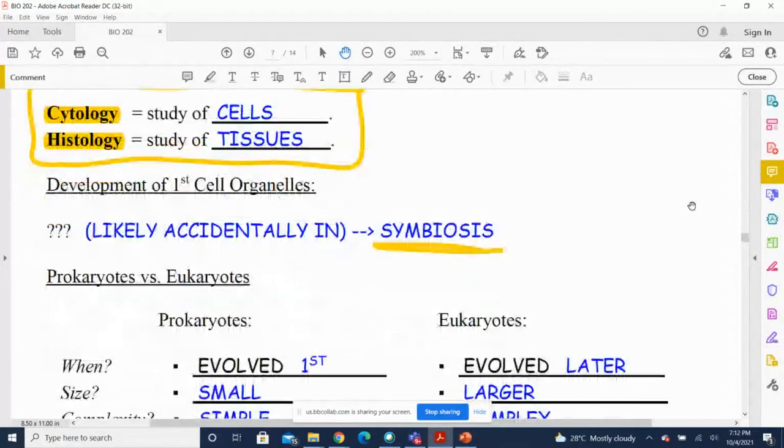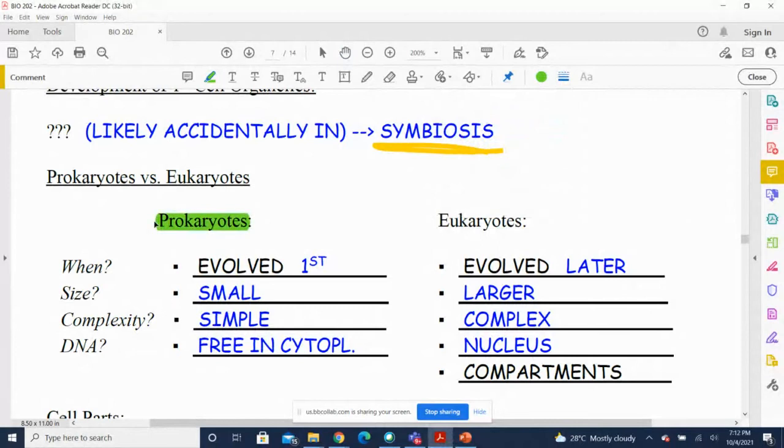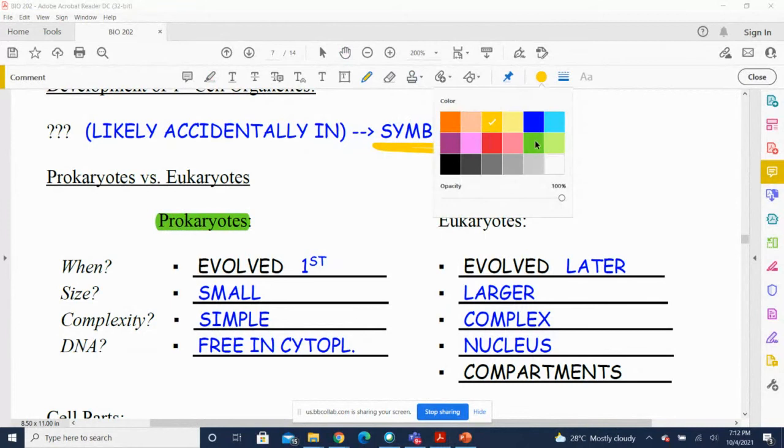The next thing that I do want to talk about, just briefly, is the difference between two types of cells that we can have. We're going to start with something known as prokaryotes. When I'm describing them to students, they are described as being the simpler.